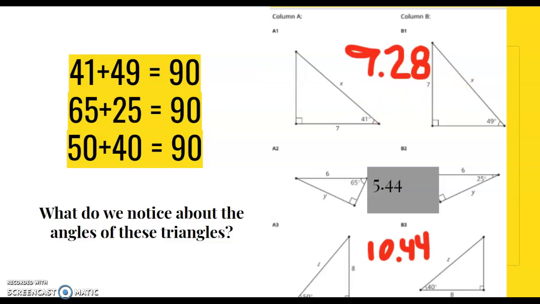So we know that the sine of 49 was the same as the cosine of 41. The cosine of 25 was the same as the sine of 65.